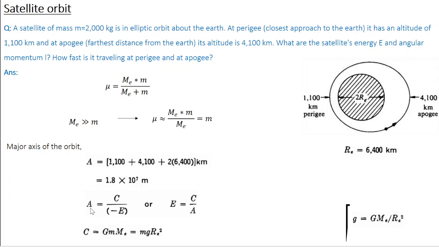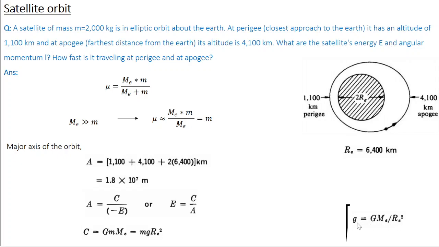A and energy E are related through the equation A equal to C divided by minus E, or E equal to minus C by A. Let's talk only about the magnitude, C by A. C is a constant, G m Me, and we can rewrite it in terms of acceleration due to gravity small g, because small g is G Me divided by RE square.